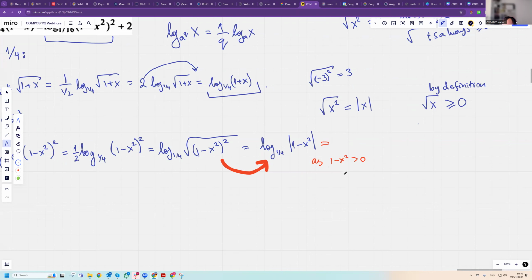Then the modulus of a positive number, the modulus of x, is equal to x if x is positive. So it's simply log base a quarter of 1 minus x squared.